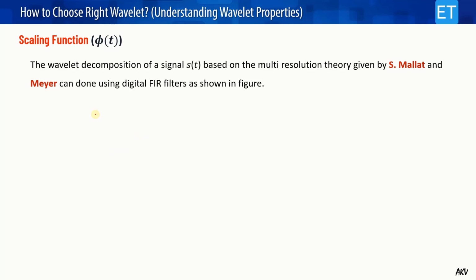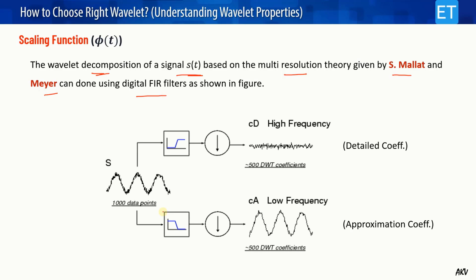If you remember, in the previous video I included that a signal s(t) can be decomposed using the wavelet with MRA, the multi-resolution theory given by Mallat and Meyer, with the help of digital FIR filters as shown in this figure. Here you have one signal with, let's say, 1,000 samples. It passes through a high pass filter which is derived from the wavelet, and then the output is downsampled by 2, and we get 500 DWT coefficients of high frequency nature.